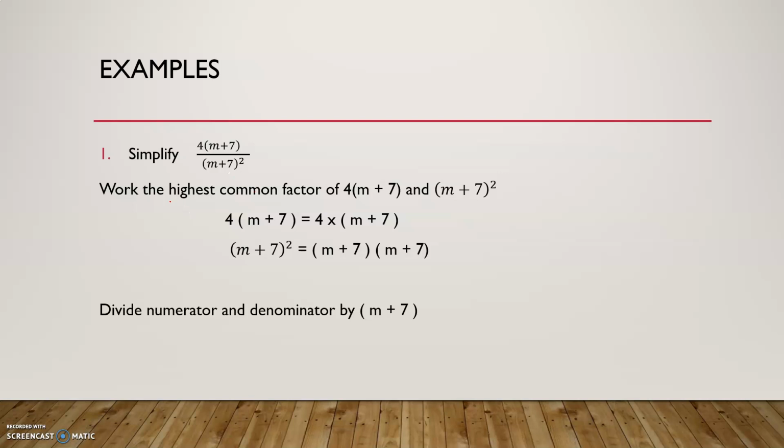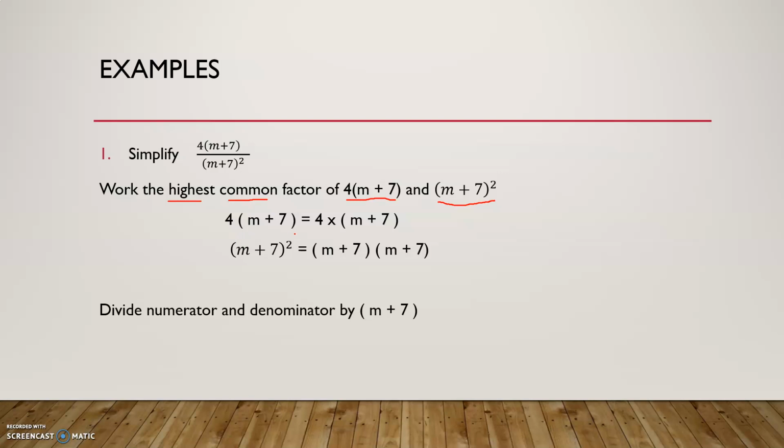So the keyword here is highest common factor of both terms, the numerator and denominator. Work out the highest common factor of 4 times (m + 7), which is the numerator, and (m + 7) all squared, which is the denominator.